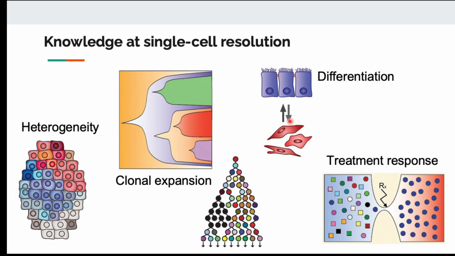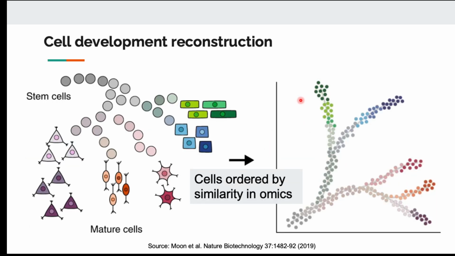And particularly, we will think more about this next lecture. But one big benefit from single cell analysis is that we can reconstruct cell development. Usually, if we want to study cell development, we need to culture the cells and collect samples at multiple time points, maybe day 0, day 1, day 3, day 5, day 10, in order to know the cell development.